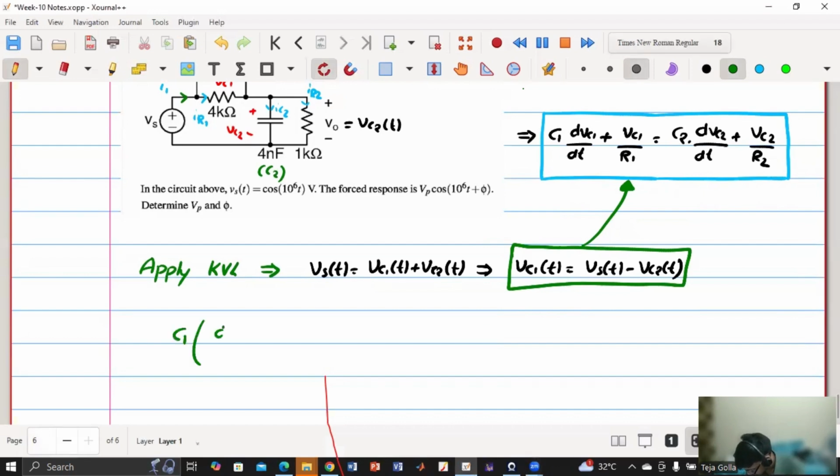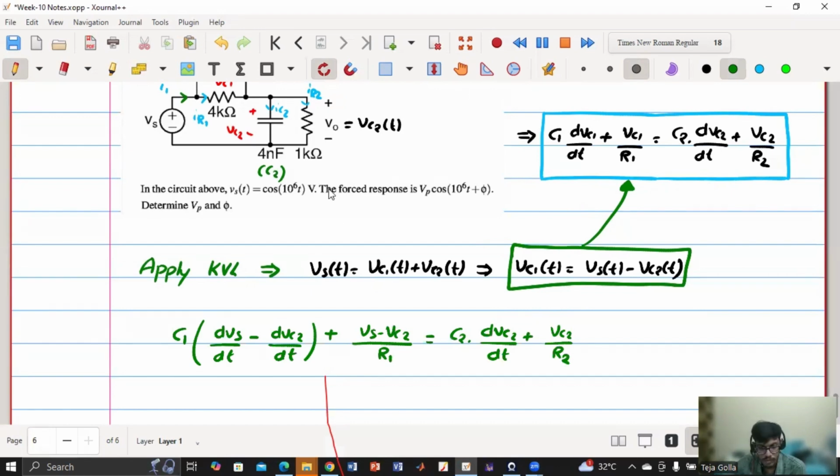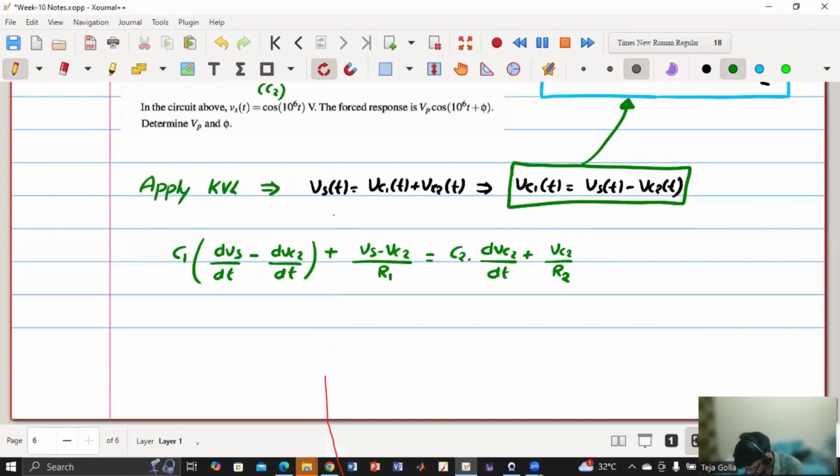C1 into dVc1 by dt, so it is dVs by dt minus dVc2 by dt, plus Vc1, which is Vs minus Vc2 by R1, equals C2 into dVc2 by dt plus Vc2 by R2. From here, writing the differential equation, I'll bring Vc2 onto one side.